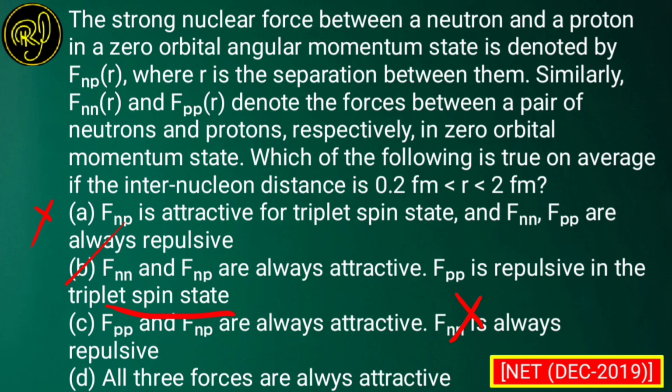It is also not possible, because when the interaction potential is negative the forces are attractive, but for the triplet state the interaction potential is positive, meaning the forces are repulsive. So D is not correct, C is not correct, E is not correct, hence option B is correct.